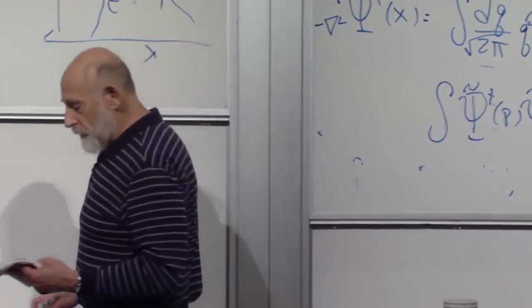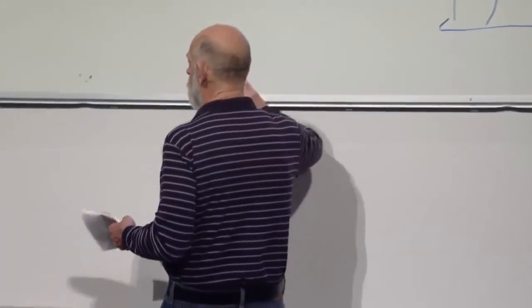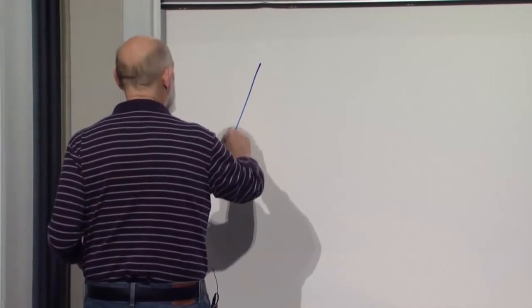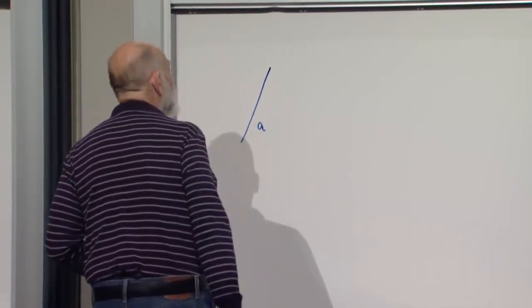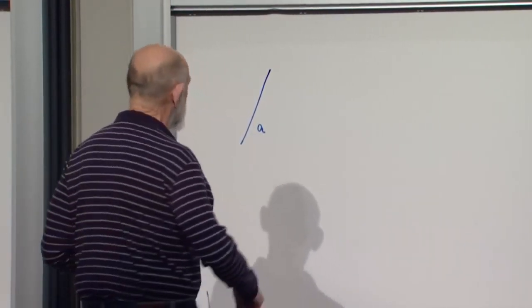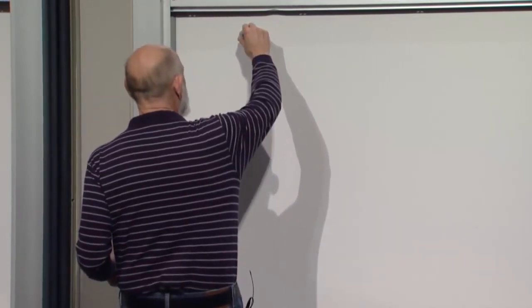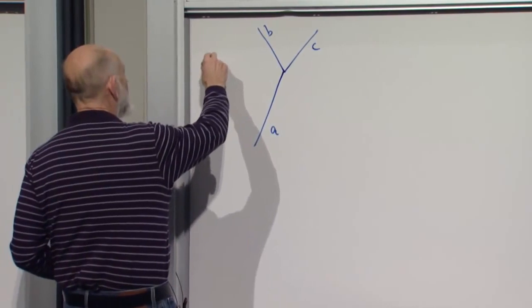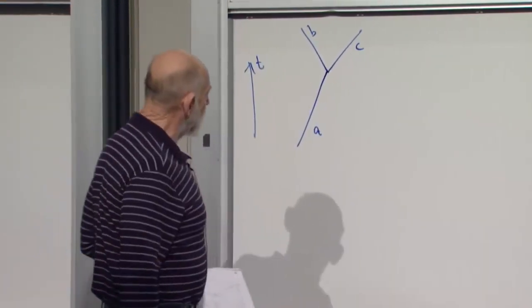Another example, supposing experimentally you discovered that particle of type A could decay and form particle of type B and particle of type C. Again, this is time. Read it from bottom to top.